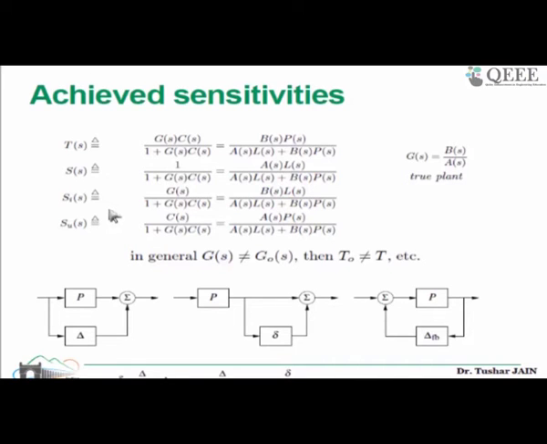Now these uncertainties are generally added in the plant, either as an additive one, in a feedback way, or in a multiplicative way; these three are basically the same thing. This is how you generally model the uncertainties. Let me quickly say what I mean.